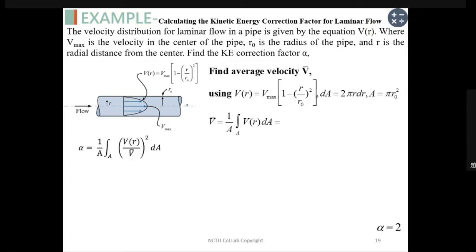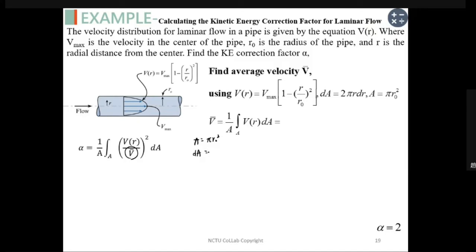Since we know that this is pipe flow and the flow profile is parabolic, how do we compute the alpha value? We already know the alpha is equal to 2. First, we need the mean velocity, and as we know, the mean velocity is equal to 1 over A times the integration of V(r) dA.